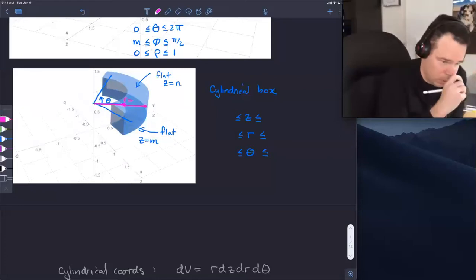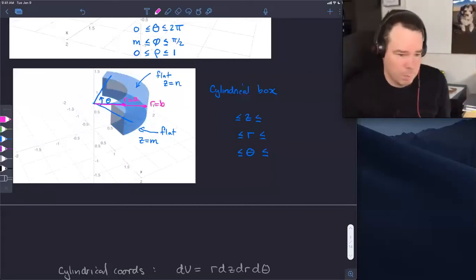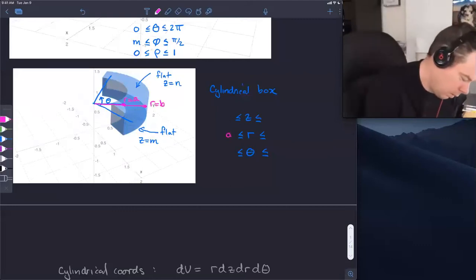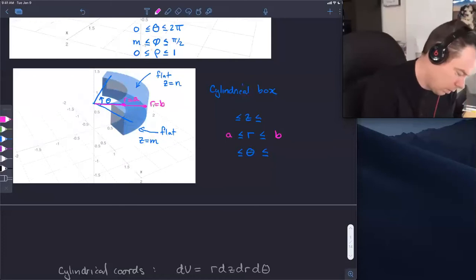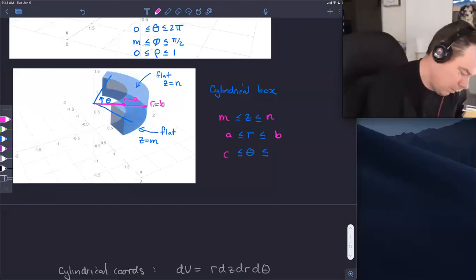R is equal to, I'll try to use the same variables I used, A, and R can go up to B. And so this is a spherical, or sorry, a cylindrical box. Z is less than N, bigger than M, and theta goes from some value C to some value D.